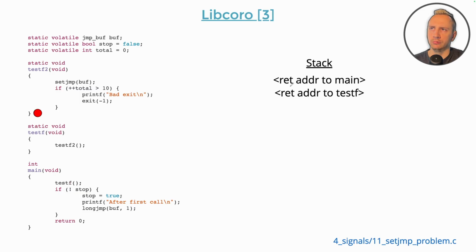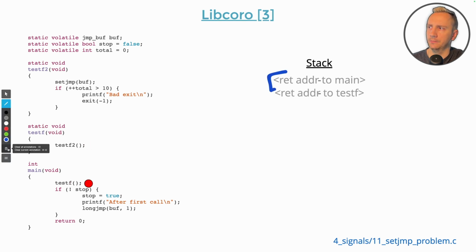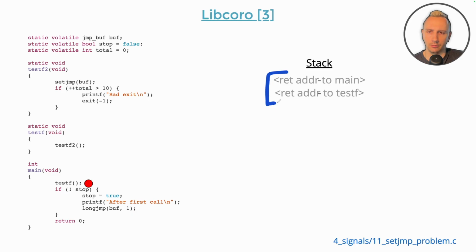Return is a go to this latest address on the stack. So I use it for jumping here. Here I also immediately do return to the main. I use this address as a go to and I am jumping. Those addresses technically are still on the stack. They did not get deleted or anything.